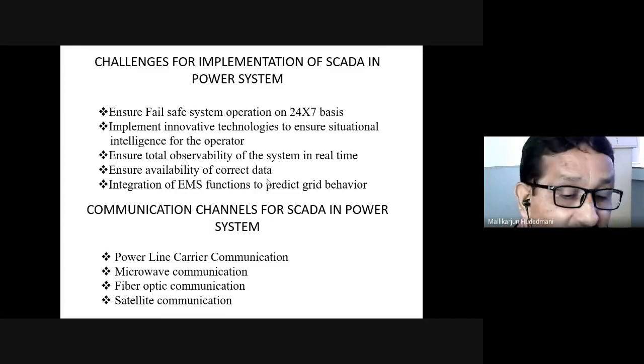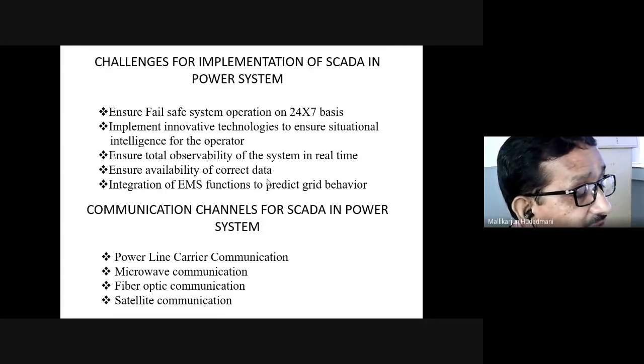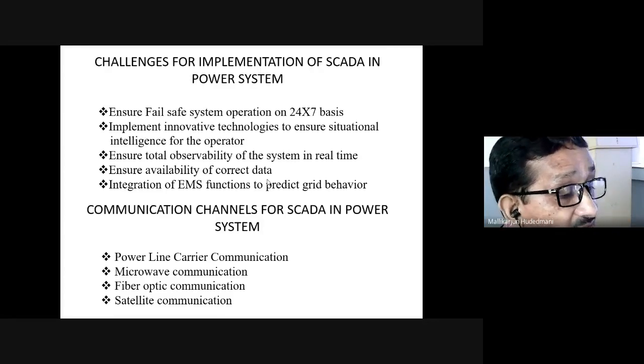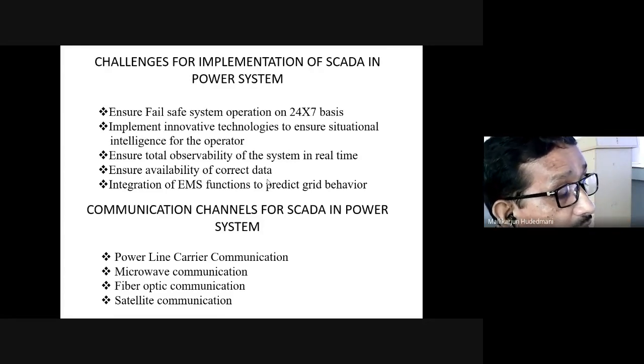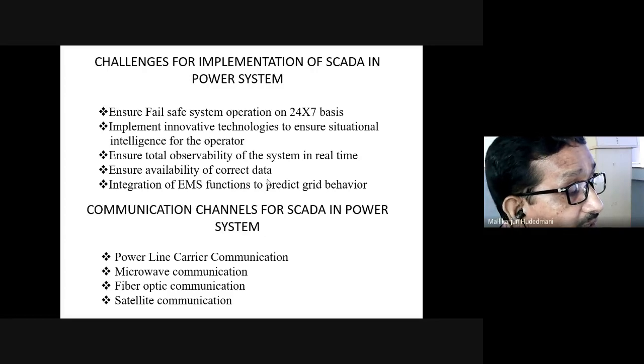So the signal, once it is fetched at the RTU, the remote terminal unit in the field, is encoded digitally and configured.